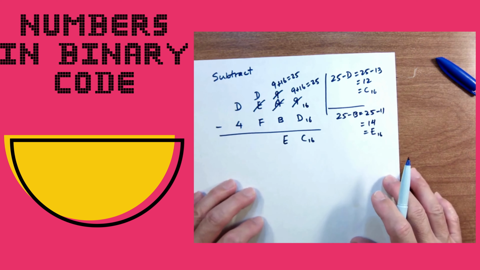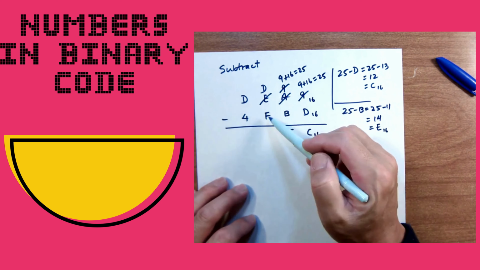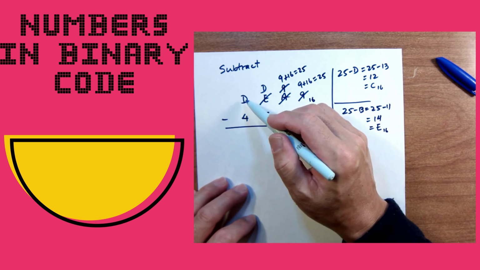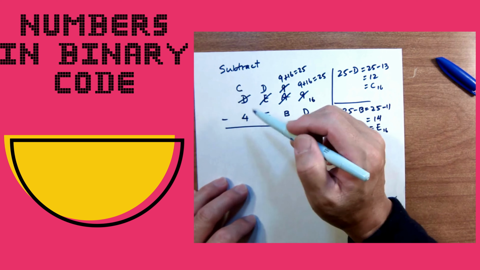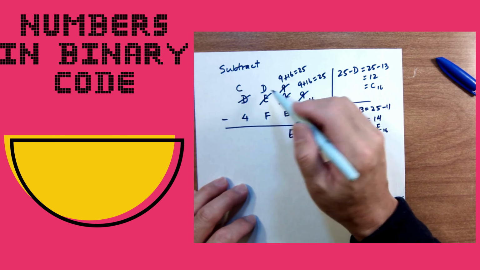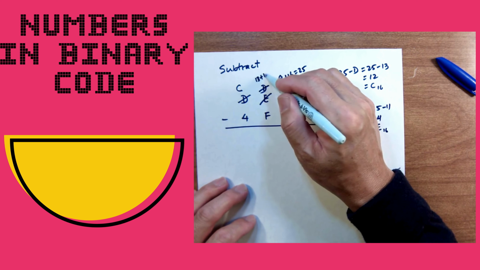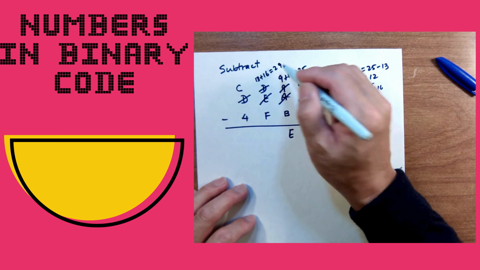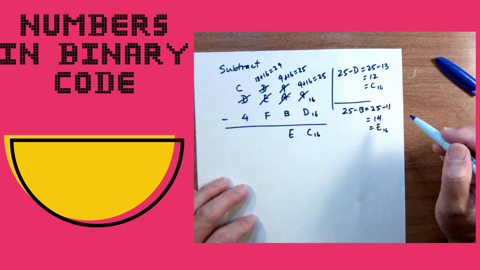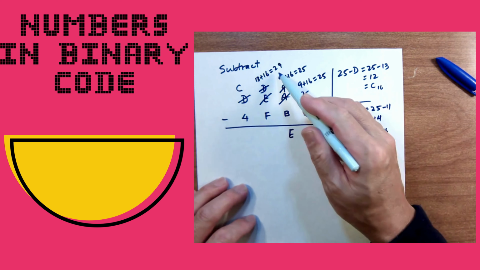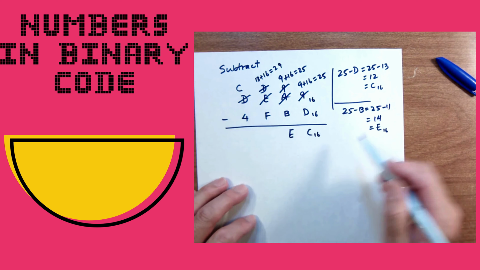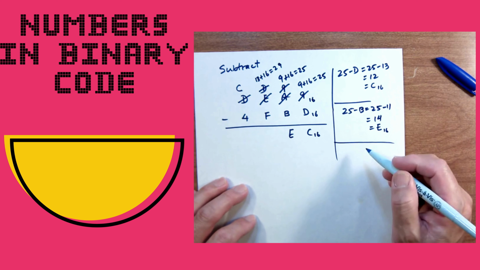D minus F cannot be again. Borrow from leftmost D, which will be decreased by one value. D will be C, 13 plus 16 will be 29. 29 minus F is equals to 14, E base 16.